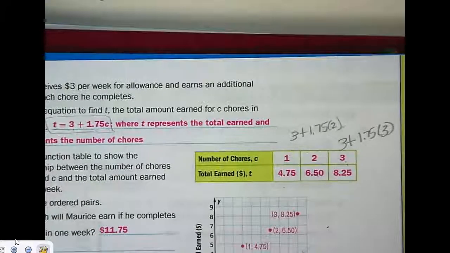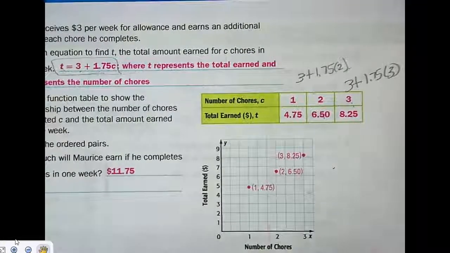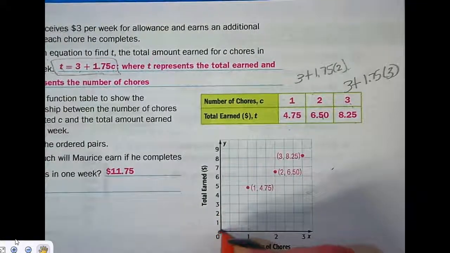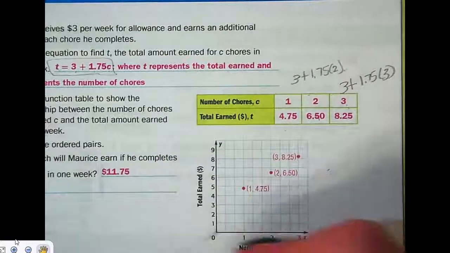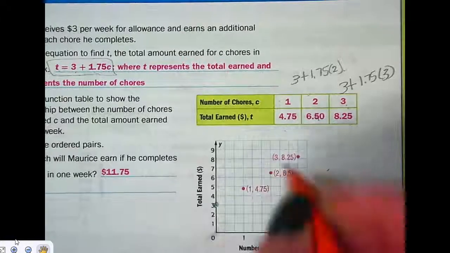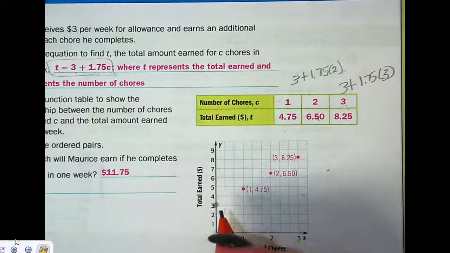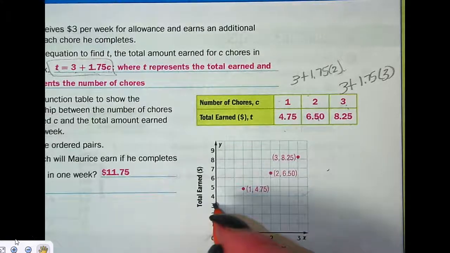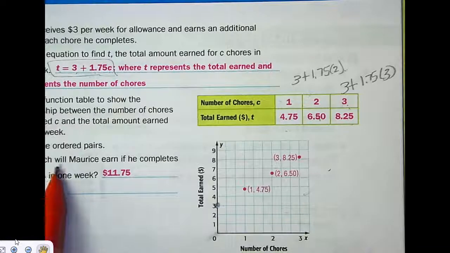Graph the ordered pairs. Your graph should look something like that. Mine would probably start with, actually, if he did no chores, he would have $3 because he earns $3 without even doing any chores. So, how much will Maurice make if he completes 5 chores?